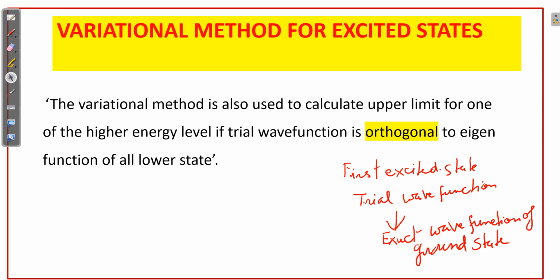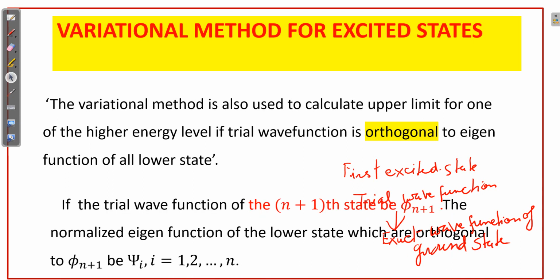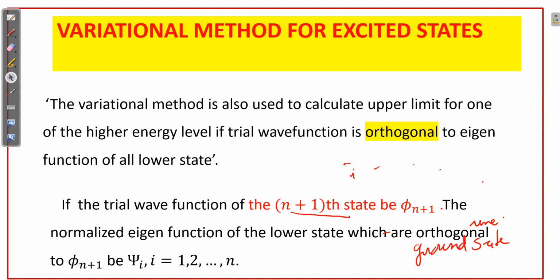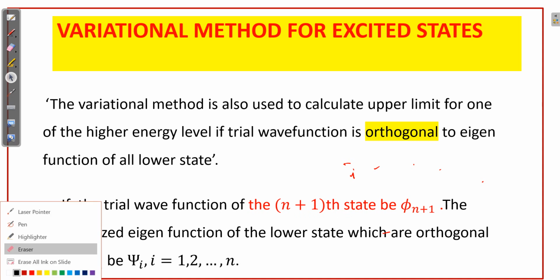Suppose the trial wave function for the n plus 1th state is phi n plus 1, which is orthogonal to the exact wave functions of all lower states, psi 1, psi 2, psi 3, and so on.